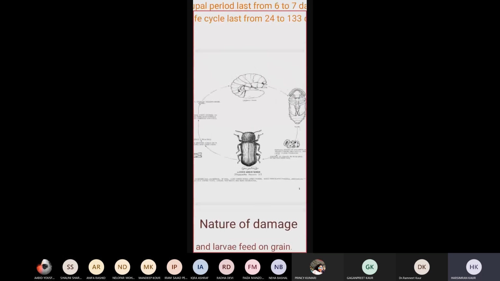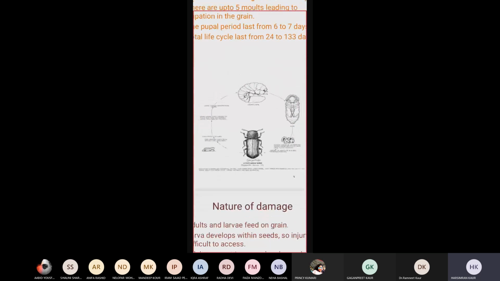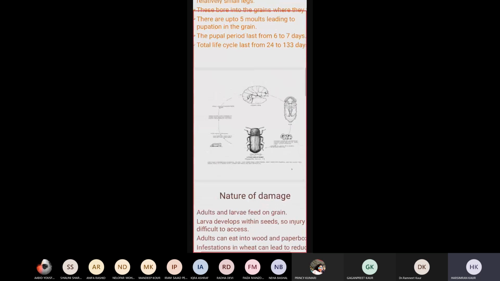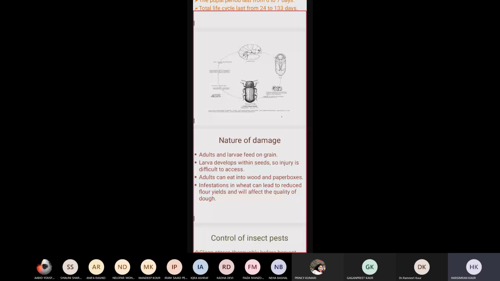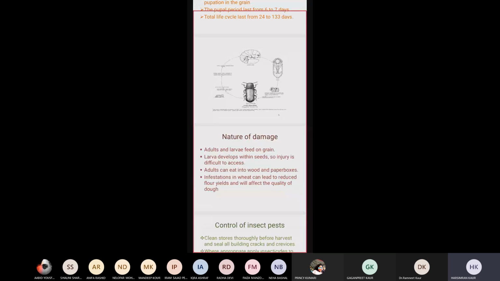Then the nature of damage caused by lesser grain borer. Its adults and larvae feed on grain. Larvae develop within the seed, so injury is difficult to assess. Adults can eat into wood and paper boxes too, so damage can take place from there also.